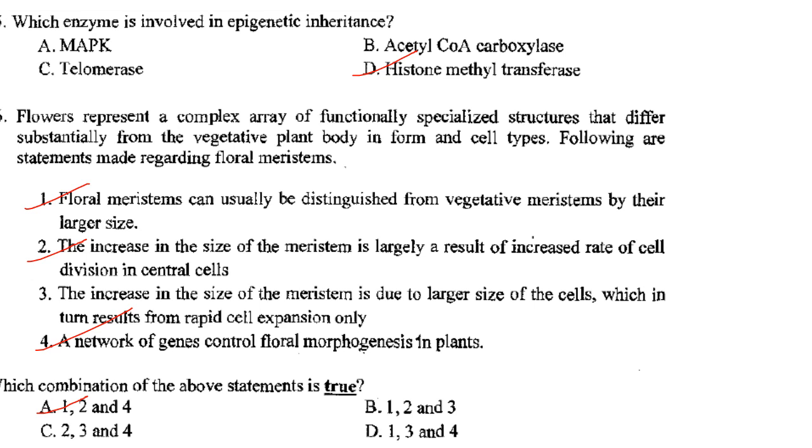The increase in size of the meristem is due to larger size of the cell, which in turn results from rapid cell expansion only. That is not correct. Here we have told that increased rate of cell division in central cells. Then a network of genes controls floral morphogenesis in plants. That is also correct. So the combination that is correct is answer A, that is 1, 2 and 4.